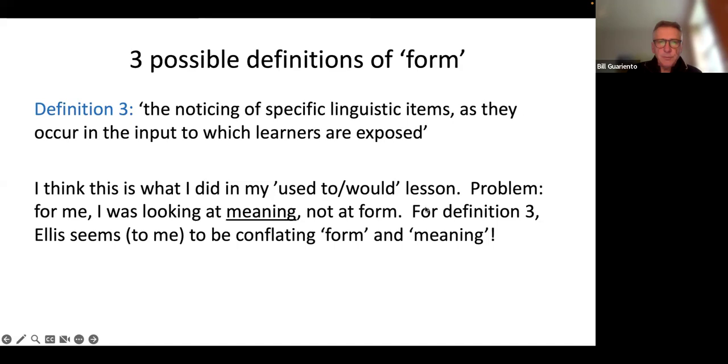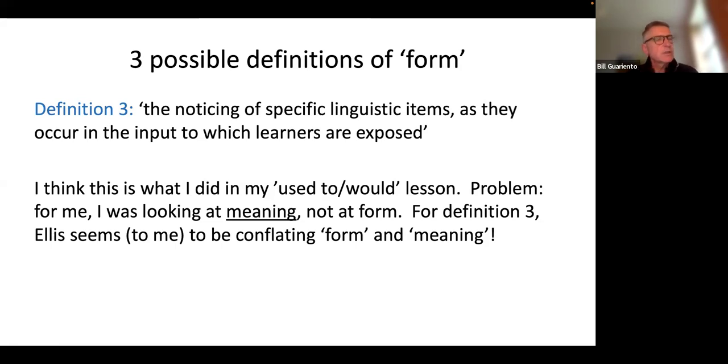But the problem for me is that I was looking at meaning, I think, not at form. In my lesson last week, when I was looking at the difference between state verbs and action verbs, I was looking at meaning, not at form. So I've got a problem, everybody.